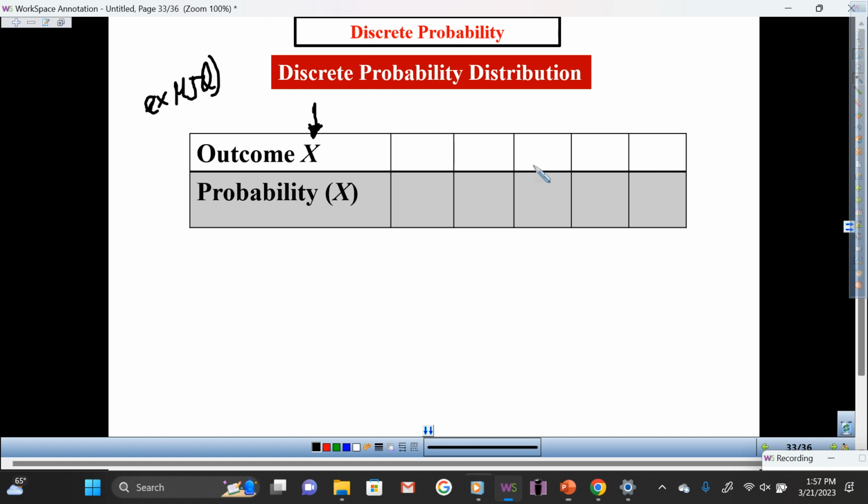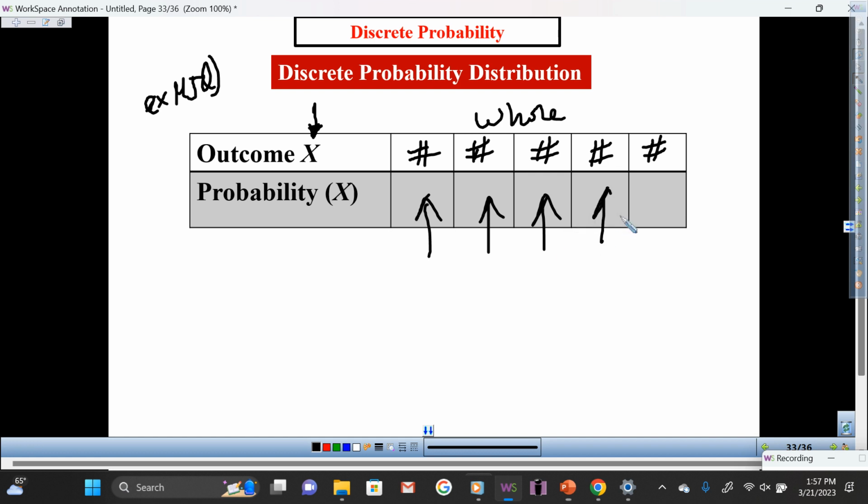And up here we usually just write a number. It's usually a whole number. However, the probability has to be in what? Tell your neighbor. Let's see if you remember. A probability is usually represented how? Very good.